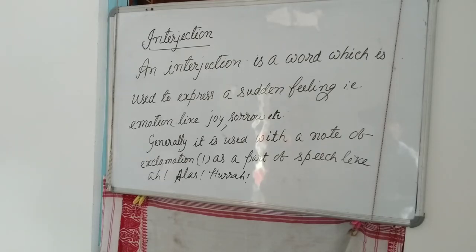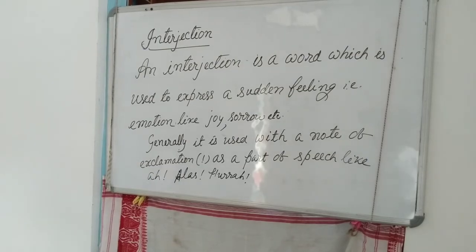An interjection is a word which is used to express a sudden feeling of mind or emotion like joy, sorrow, etc. Generally, it is used with a note of exclamation, like ah, alas, hurrah.